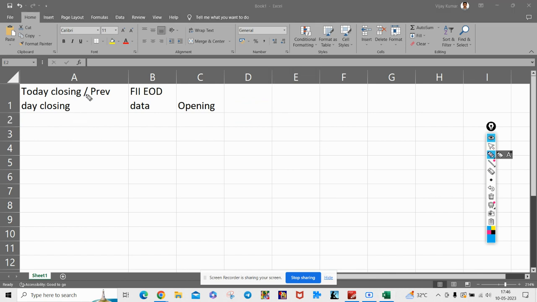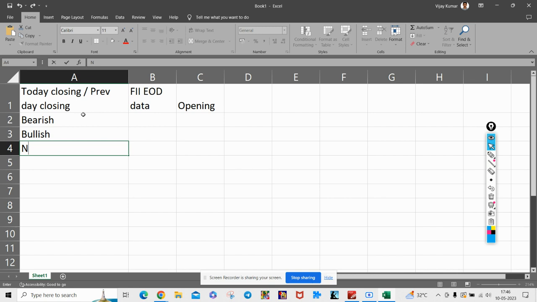Let me explain properly. When you look at today's closing or previous day closing, there will be three cases. The closing can be bullish, bearish, or neutral. The closing can only be three ways: bearish, bullish, or flat closing.